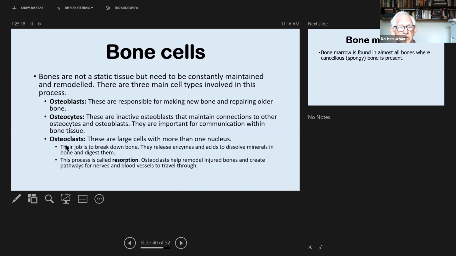Okay, the osteoclasts, they're big cells. They have more than one nucleus, and their job is to break the old bone down. What they do is produce enzymes which they release, and they also release acids which dissolve the minerals, and they digest them.